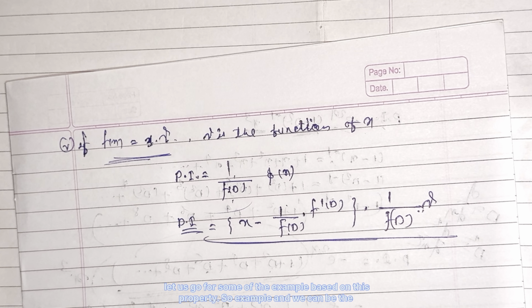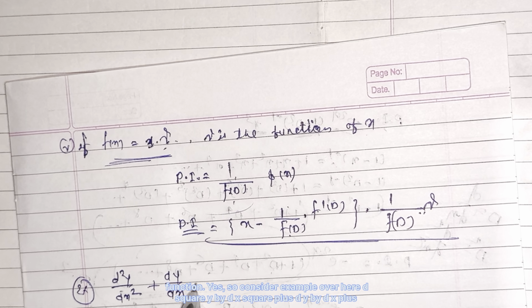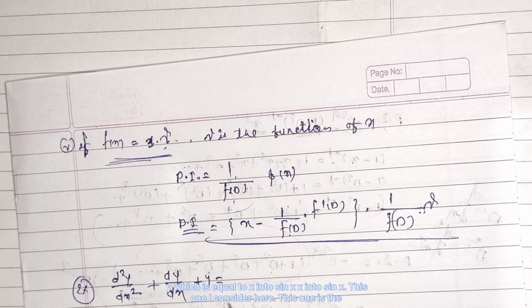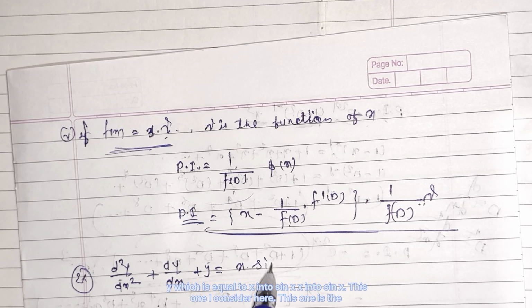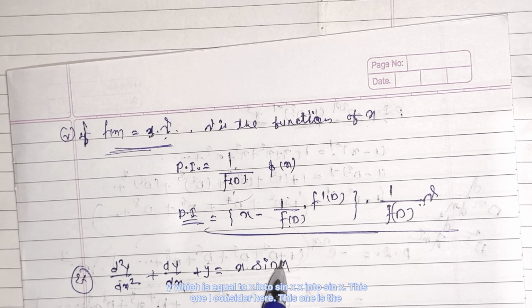Consider the example d square y by dx square plus dy by dx plus y equals x into sin x.